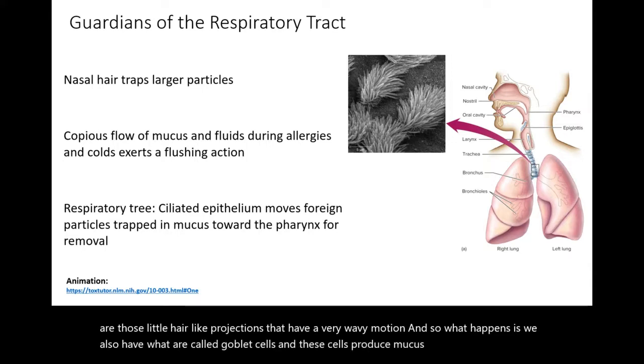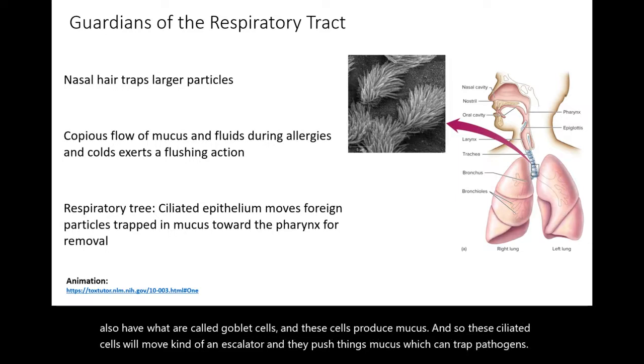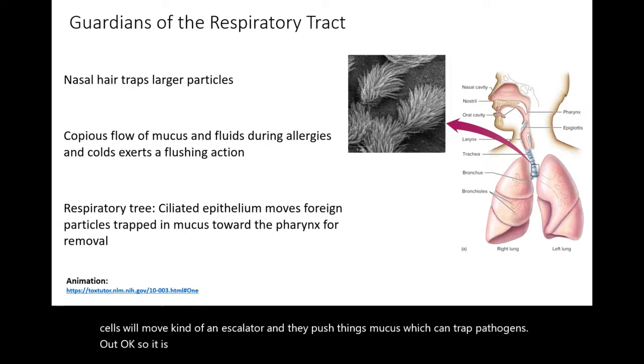The ciliated cells move kind of like an escalator, and they push things like mucus, which can trap pathogens, out. So it is the structure of these ciliated cells and their natural properties that help prevent things from staying within our respiratory tract.